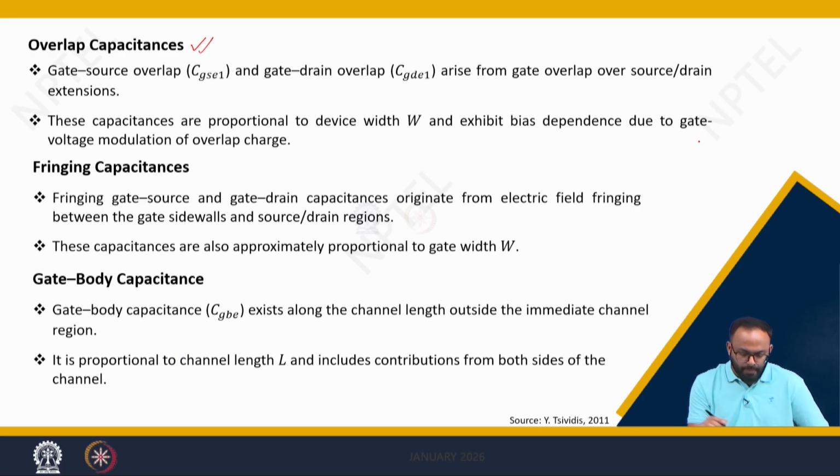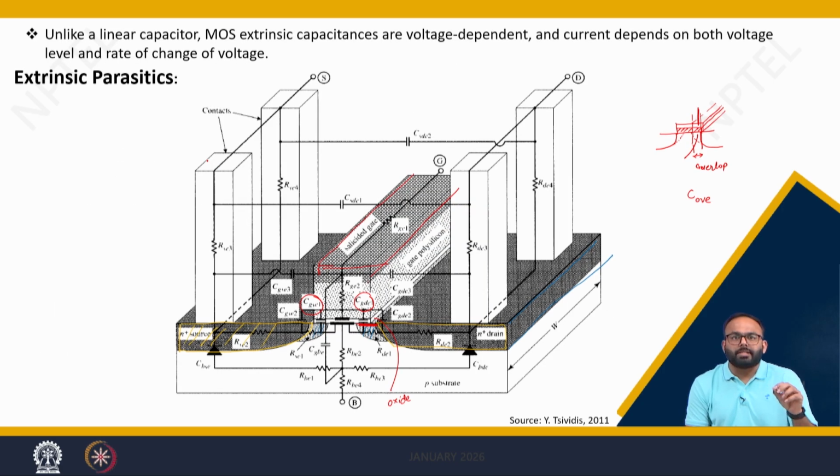The next is fringing capacitance. We have discussed the fringing capacitance when we were discussing the narrow width effect. So this is the gate where the electric field lines are not exactly parallel. Some field lines are like this. This is called fringe lines. Because of these fringing lines, there will be a capacitance.